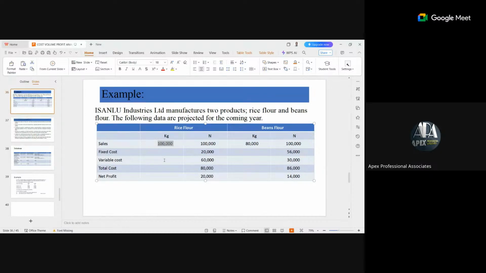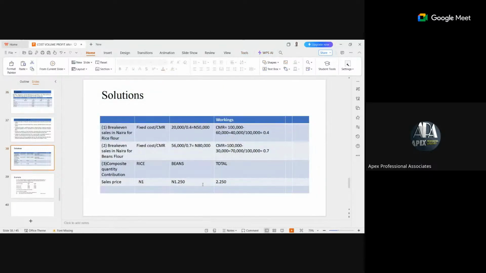What is the variable cost you incur to be able to make these sales? You incur 60,000. So if you want to know the variable cost for 1 unit, it is 60,000 divided by 100,000 kg. So you have 0.6. Same applies to beans flour too. So take notes.